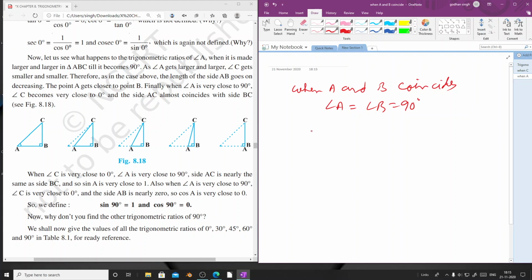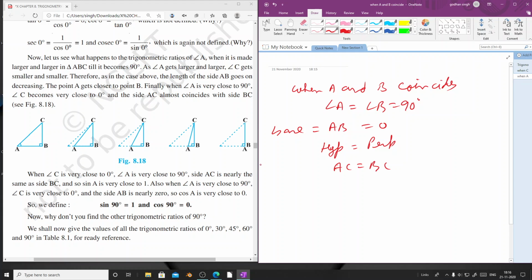And also in that case, what you can see here is that the base AB is becoming 0, and also the hypotenuse is equal to the perpendicular, that is, AC will be same as BC.